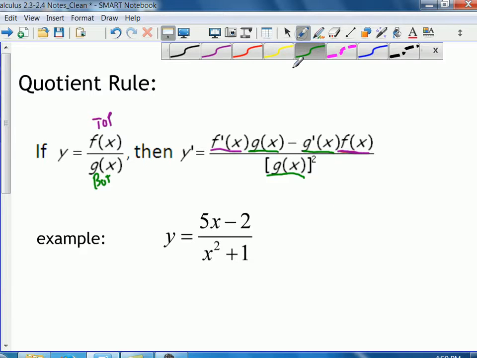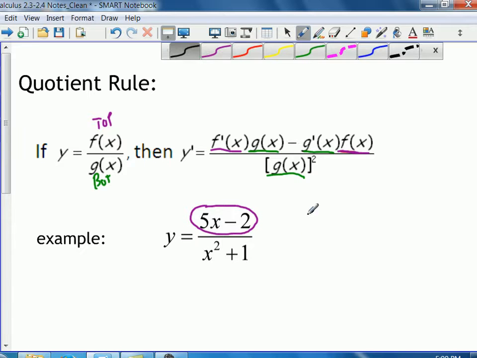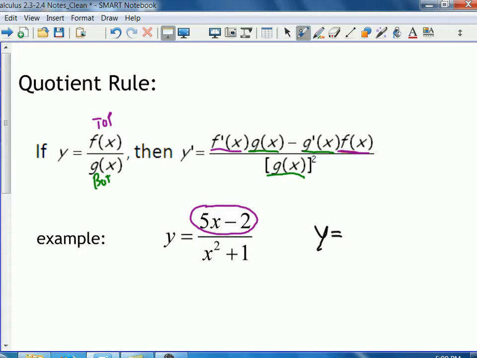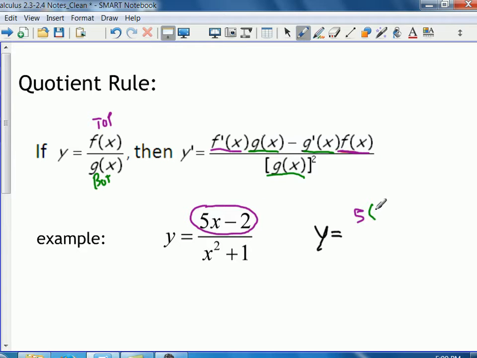Let's identify. We've got the top, so when we're doing y prime, we want to have the derivative of the top, and the derivative of the top is simply 5. And that has to be multiplied by the bottom as is. You see in the formula there's no prime there, so it's just the bottom as is, which was x squared plus 1. That is your bottom, of course.